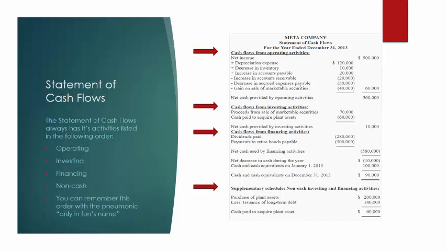If we have any significant activities which would have affected our balance sheet but did not affect our actual cash accounts, for the ease of these users of our information, we should display those at the bottom of the statement of cash flows. As you can see here, Meta Company has the purchase of plant assets and the issuance of long-term debts down here that are non-cash and financing activities.